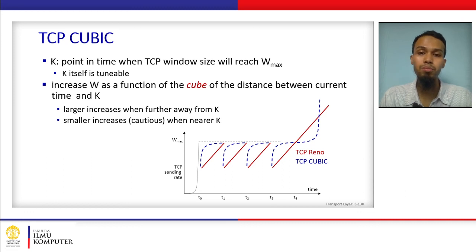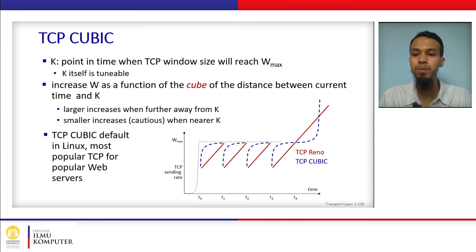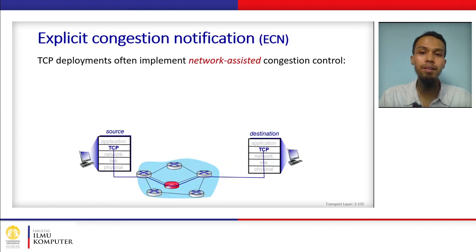We try to get more throughput compared to AIMD TCP, and this is the default in most Linux implementations.